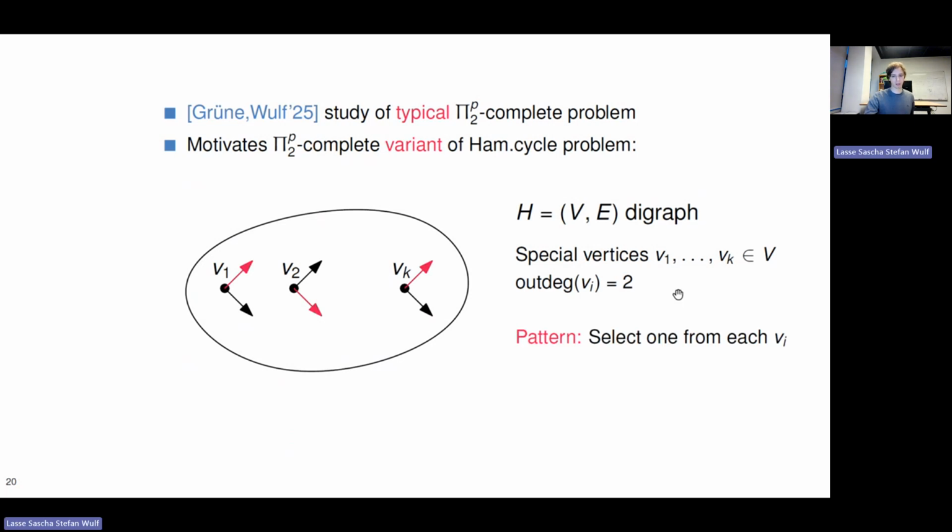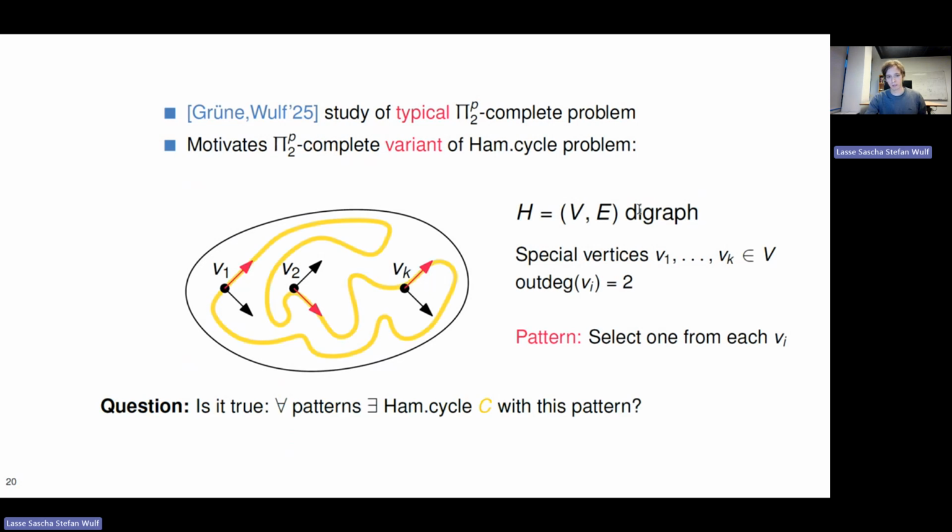And then let's say that the pattern is, if I select from each of these special vertices one of the two outgoing edges. And let us further say a Hamiltonian cycle respects this pattern if from every special vertex it chooses exactly the edge that has been selected.